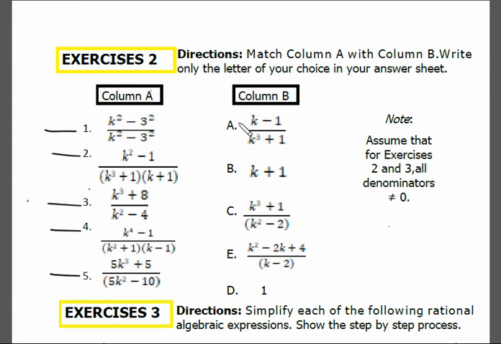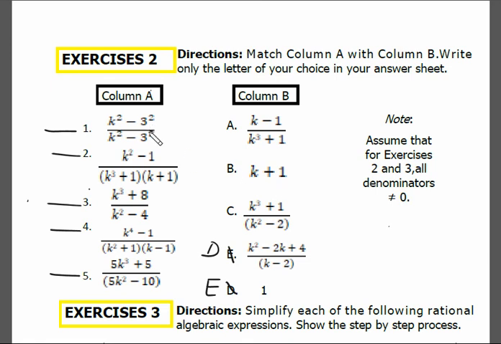Then here in column B, that's A, B, C. Let's correct this as letter D, and this is letter A. So to avoid confusion, just correct it in your answer sheet or in your yellow pad or intermediate pad, but not in the modules.